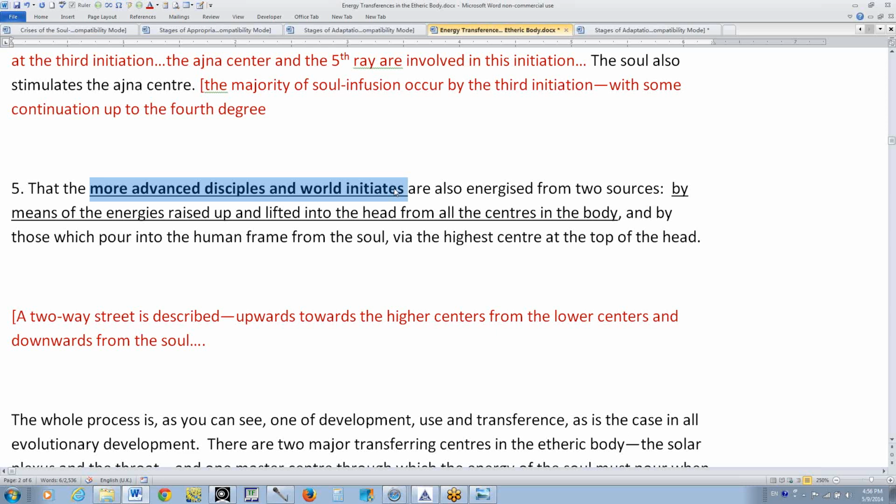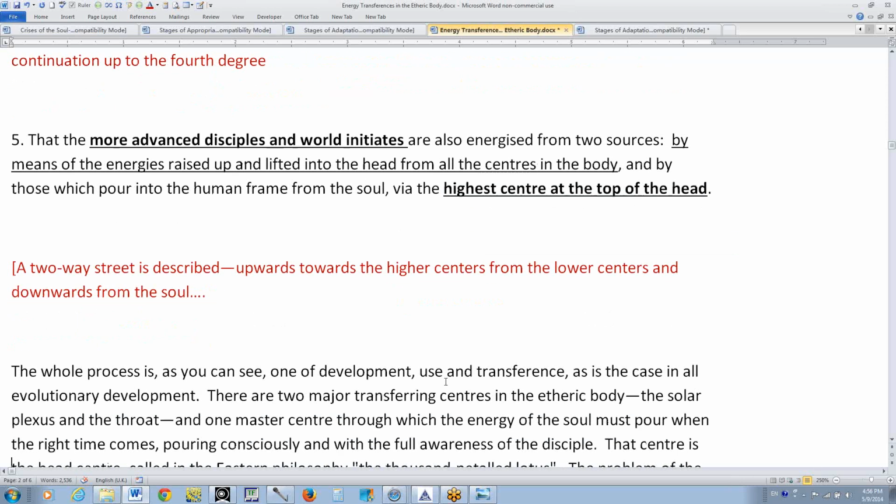And there are many centers in the head, and he does mention finally the highest head center. What's it called? Brahmarandra? Sahasrara? I'm trying to think of the Indian names. Well, we just have to know it's the highest head center. The whole process, as you can see, is one of development, use, and transference, as is the case in all evolutionary development.